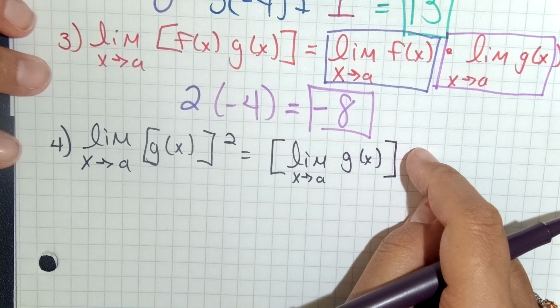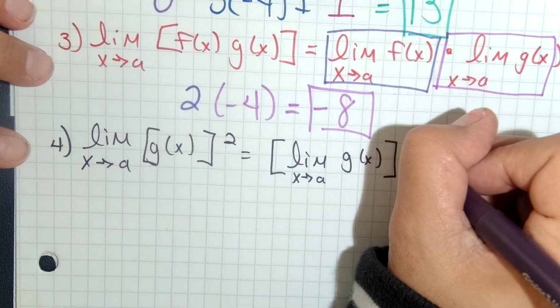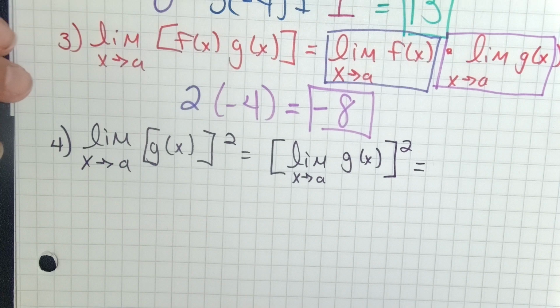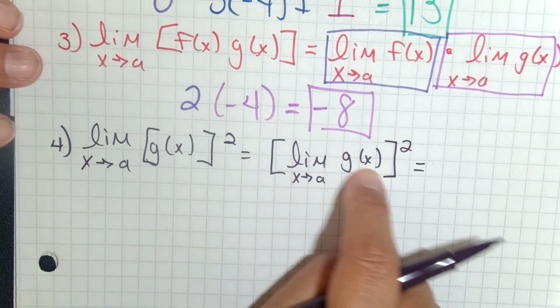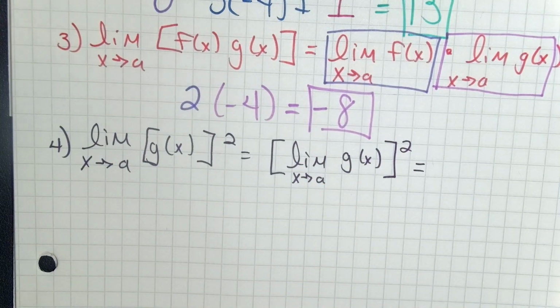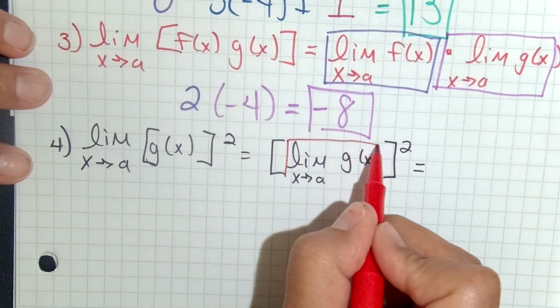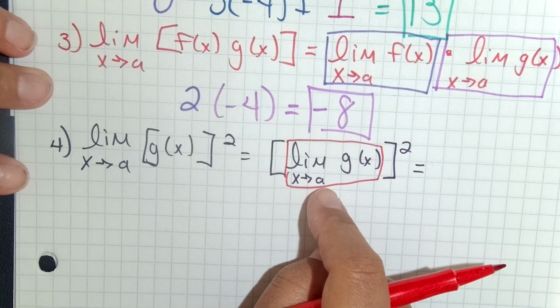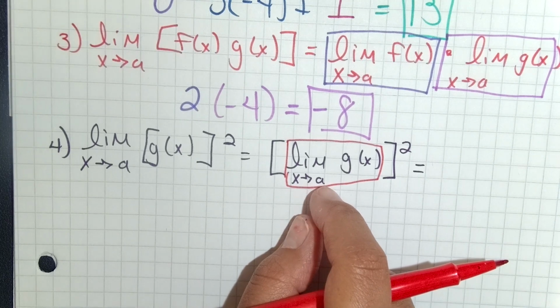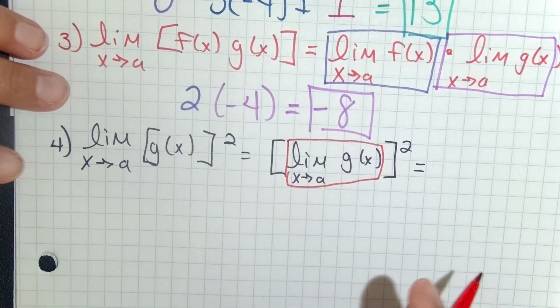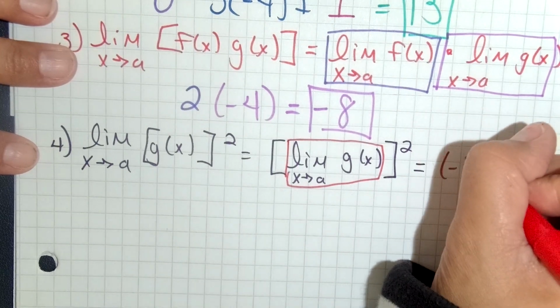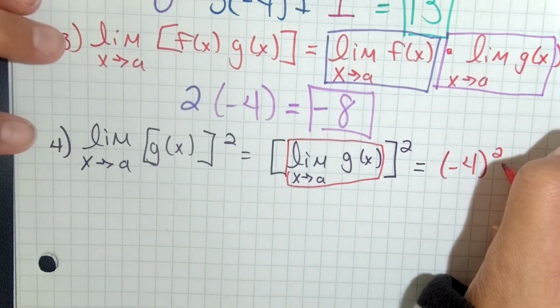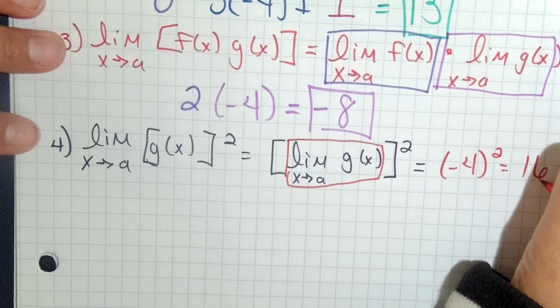Square it. So what is the limit as x approaches a of g of x? What did our list tell us this limit is? -4. Yes, -4 squared. That's going to be equal to 16.